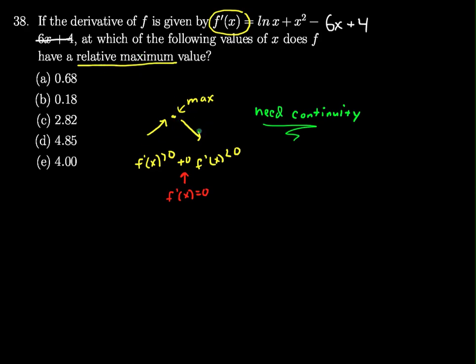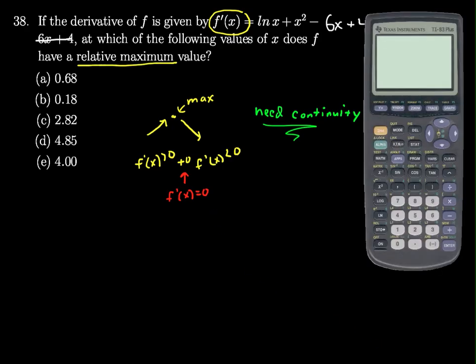I don't know if it's the absolute one, but we'll have a relative maximum. So I need to figure out where this goes from positive to negative. Since this is continuous for all positive x values, and we're only looking at positive x values, it will be continuous. So we're going to look where f prime of x is equal to 0. Let's look at a calculator and see what we have.